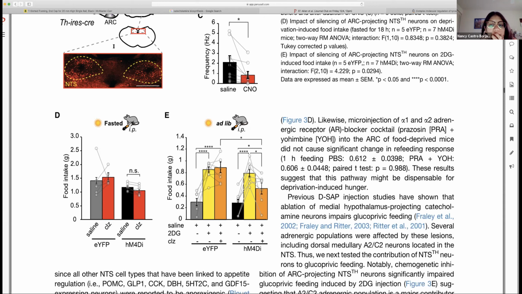Oh, so does it prevent the glucose from going through further glycolysis because it's missing the oxygen molecule? That's right. So by injecting the 2DG, you're getting less glucose in the body, right? And that induces this glucoprivic hunger, so there's increased food intake.